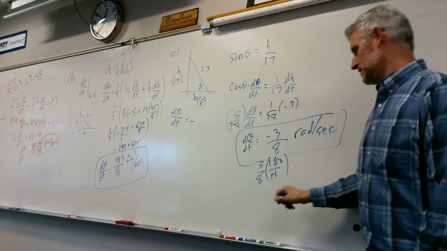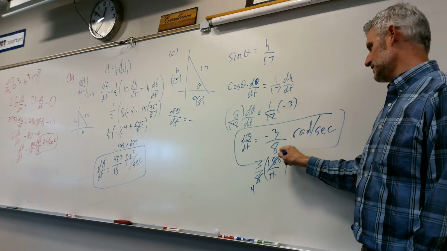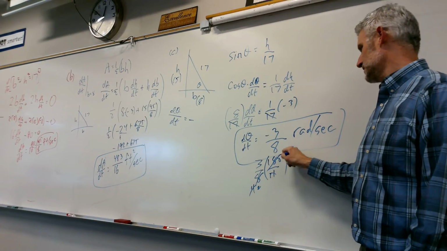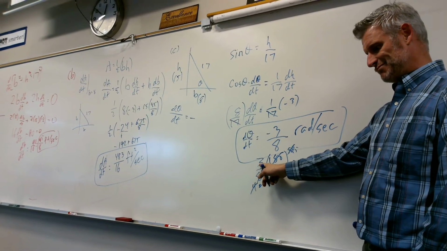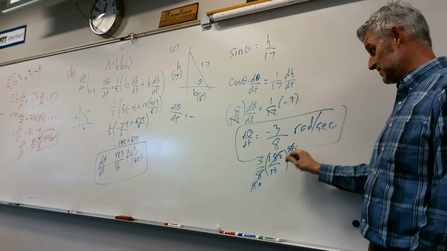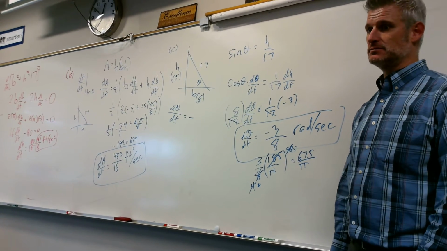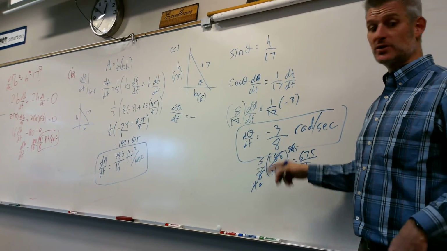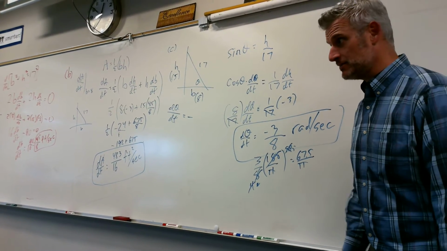That's 67.5 over pi. Here's where I leave my answer. What is it? Anybody know? 675 over pi. 20-something degrees per second.